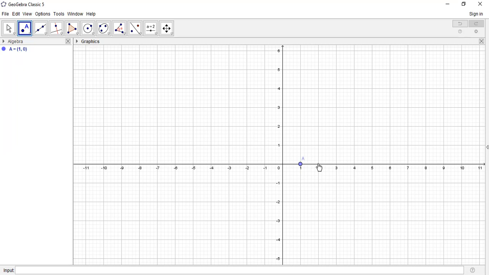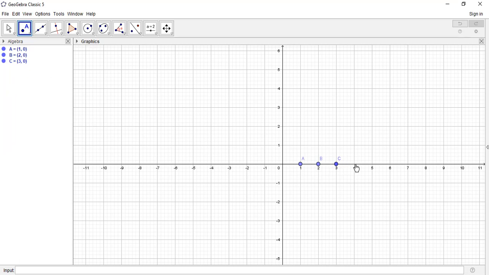And if you plot here another point B, x coordinate is 2 and y coordinate is 0. Similarly, if you plot here another point C, then x coordinate is 3 and y coordinate is 0.